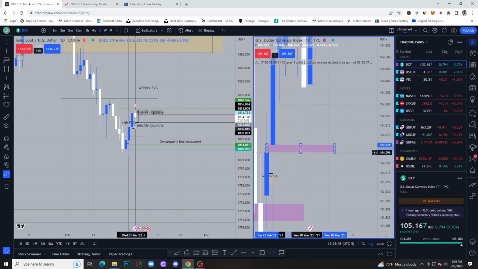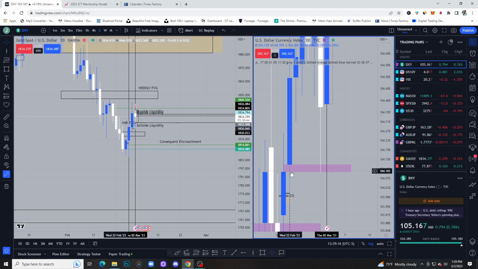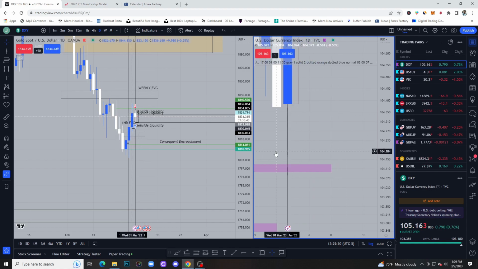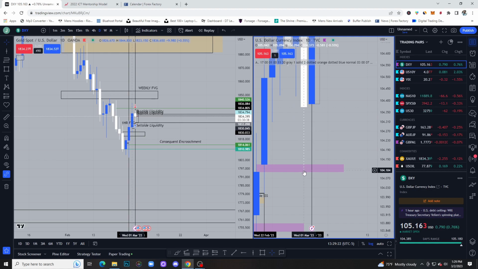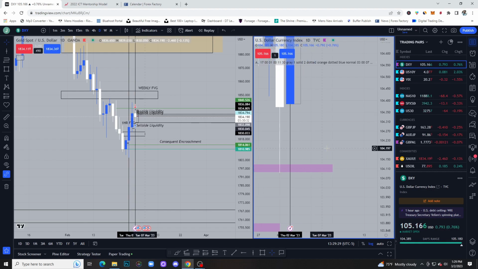If I was to line it up exactly, you see perfect precision right here. So it came, tapped into the daily volume imbalance, and started to head higher. It just came here and wicked, and the price, or the algorithm, just did its thing from here on out.